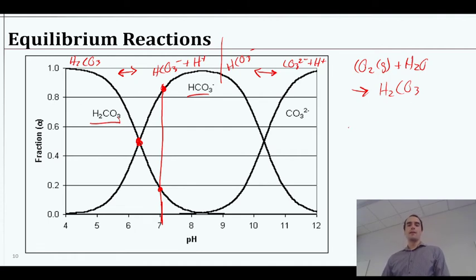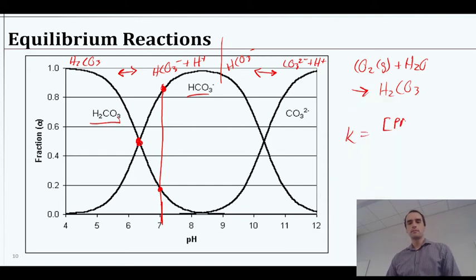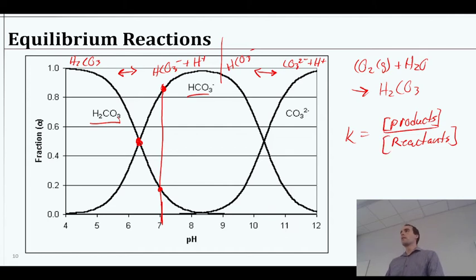So when we said our K is equal to the products over the reactants, then if we think about it, when we set these two equal to each other, if we multiply both sides by the reactants, then let's say we set these two equal, products equal to the reactants, that is K equals essentially 1 at that spot.